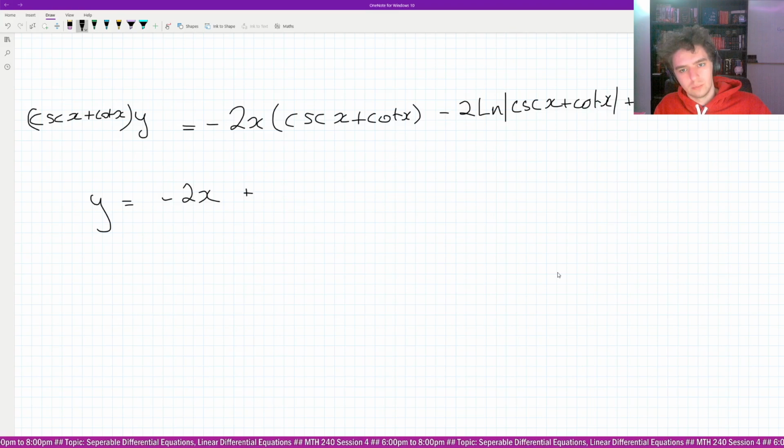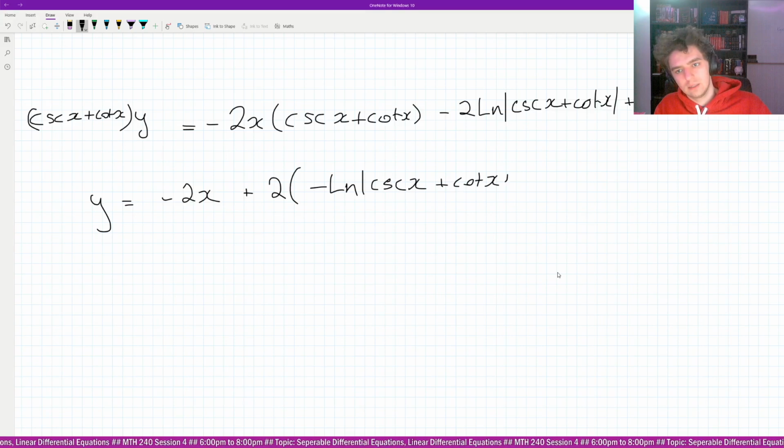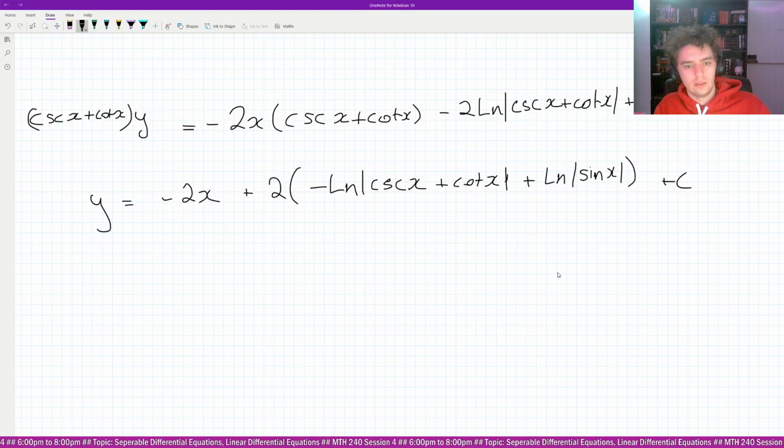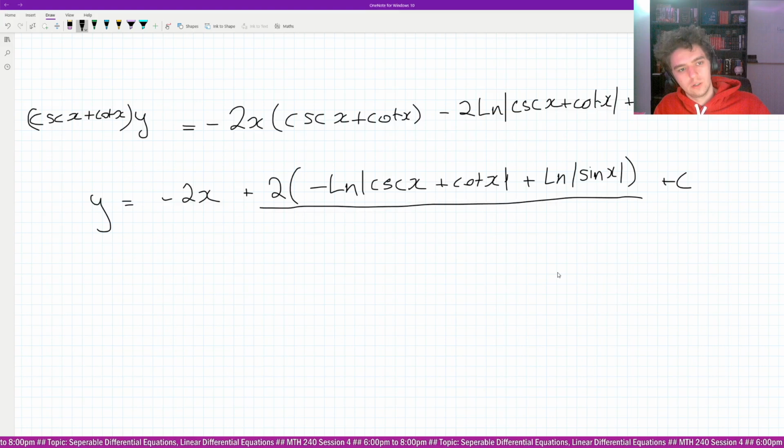So plus 2 times negative ln absolute value cosecant x plus cotan x plus ln absolute value sine x, close bracket, plus c. This is all over cosecant x plus cotan x. That's it. There you go.